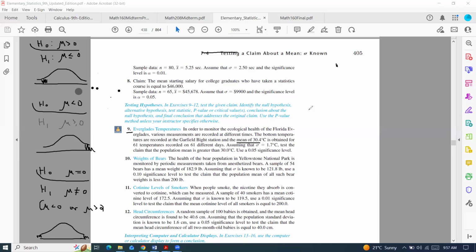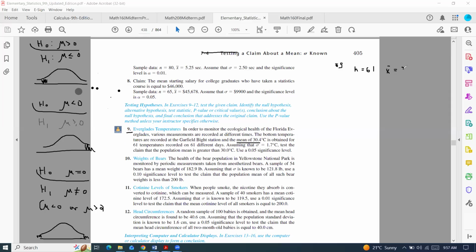So if I remember, we have the letter mu and sample size 61. Please notice that if you have a sample size, that's your sample mean, because that's a sample, not mu, not the population.